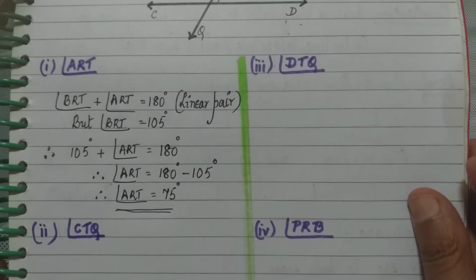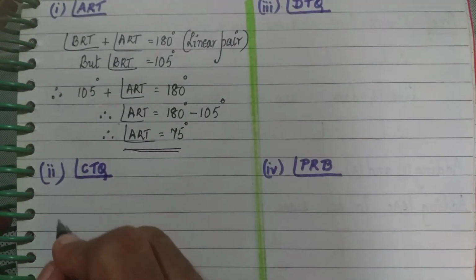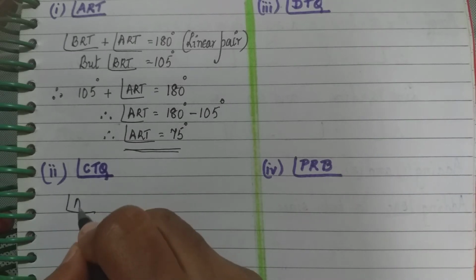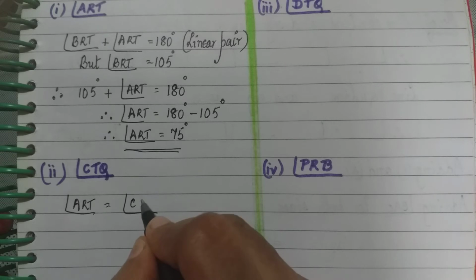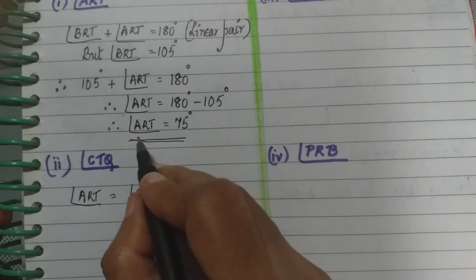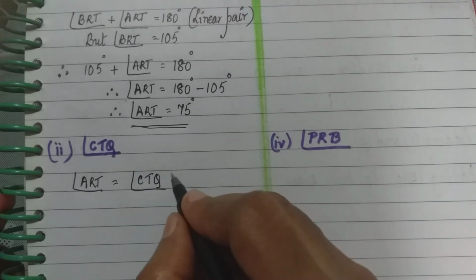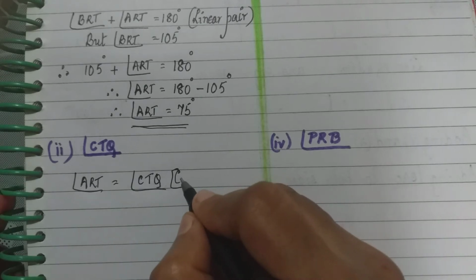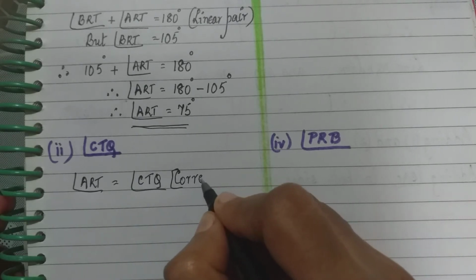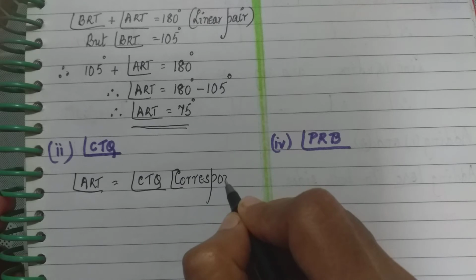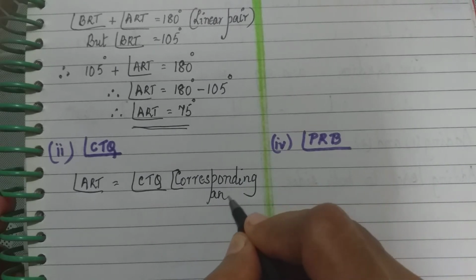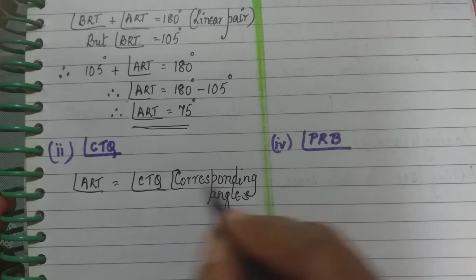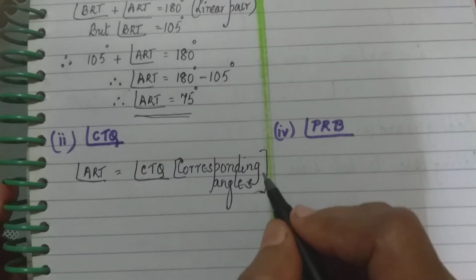So I write angle ART is equal to angle CTQ. What is the reason? They form a pair of corresponding angles. But what is the measure of angle ART?